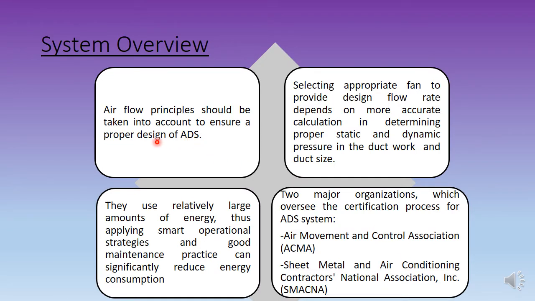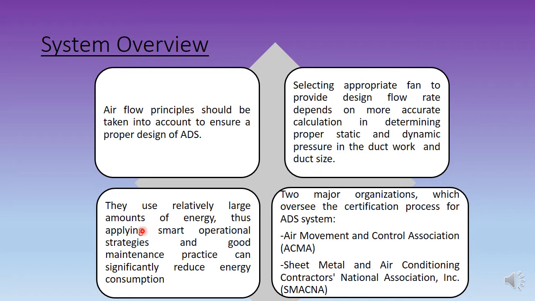Okay, and whenever you design an air distribution system, you should follow airflow principles. You have to select an appropriate fan to provide the design flow rate, and it depends on accurate calculation. You have to calculate static and dynamic pressure in the ductwork properly so that you may determine the duct size.